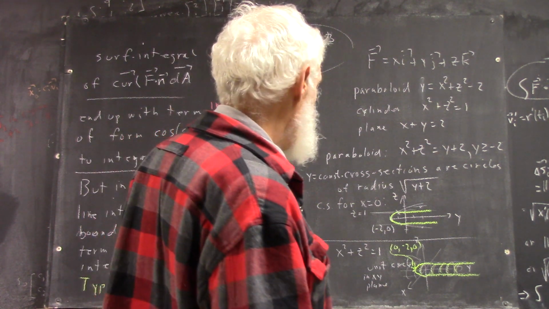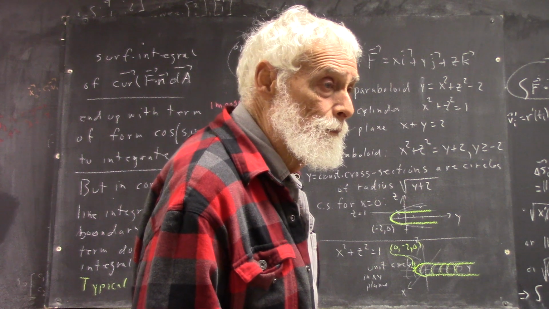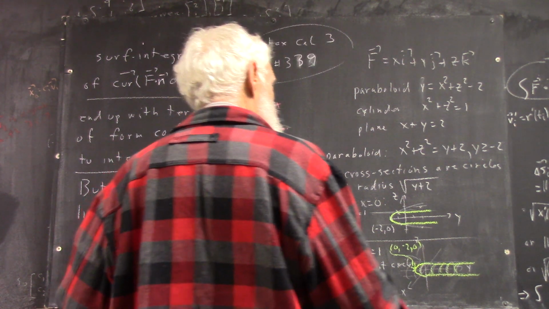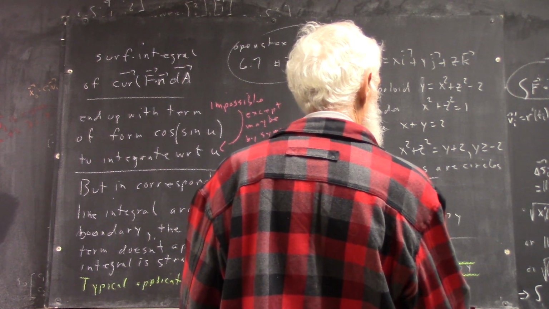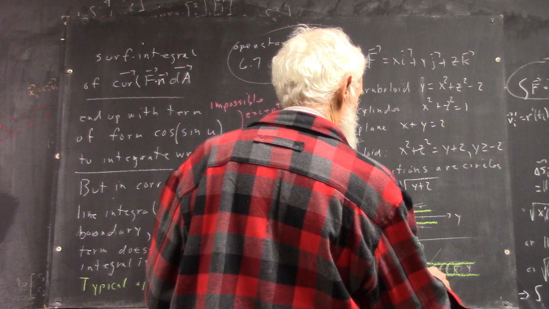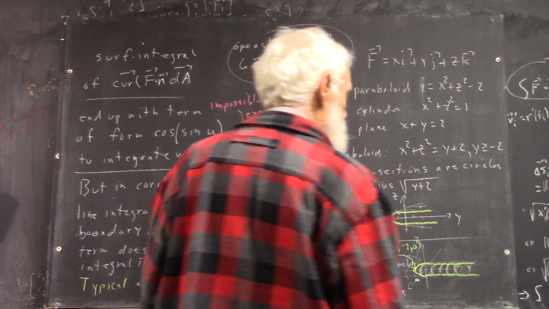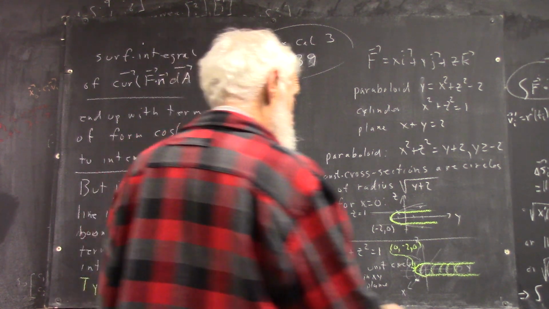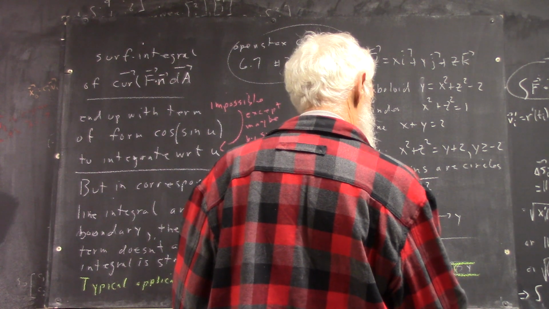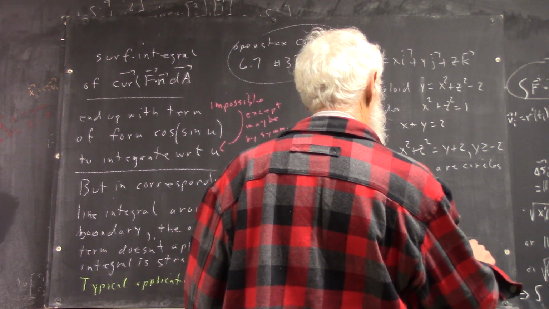Now remember, this tube is of radius 1, so when it crosses the x-axis, it's at x equals 1, and here's x equals 2. So here's the point 2, 0, 0, and on the y-axis, here's the point 0, 2, 0.